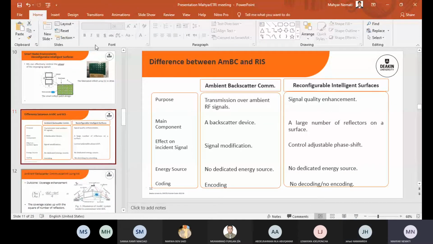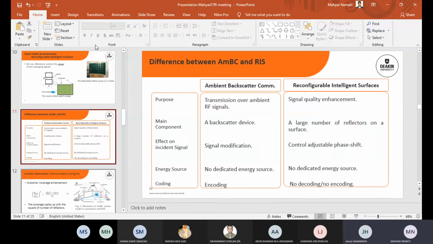Now back to our topic, ambient backscatter communication. The differences between ambient backscatter communication and RIS are summarized in this table. The main difference is the purpose. The purpose of ambient backscatter communication is to transmit data over ambient RF signals. But in a reconfigurable intelligent surface, we are not sending new data.